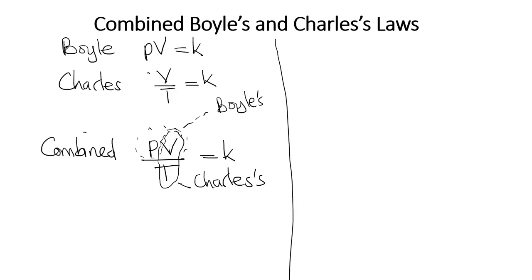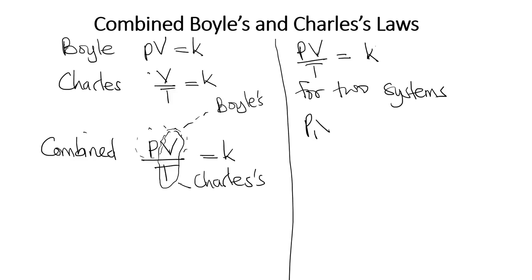So we are going to say combined gas law, P V over T is equal to the constant. Now for two systems, we are going to say P1 V1 over T1 is equal to P2 V2 over T2.